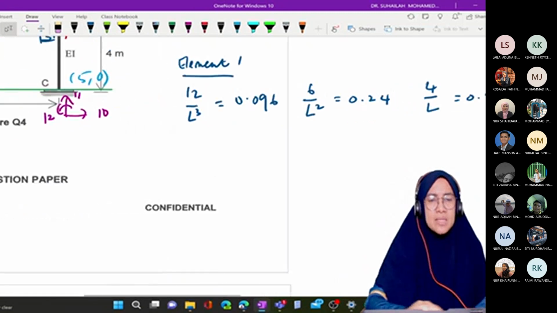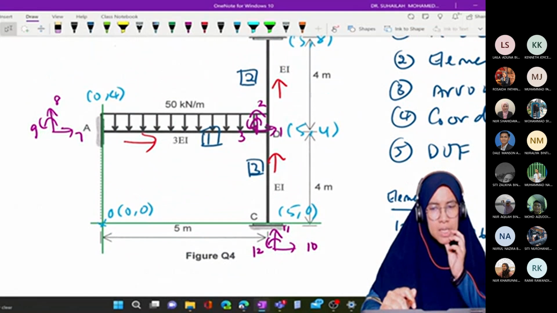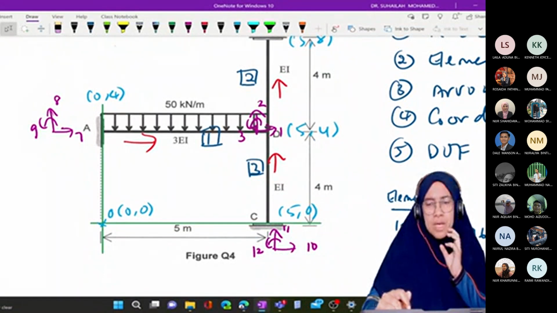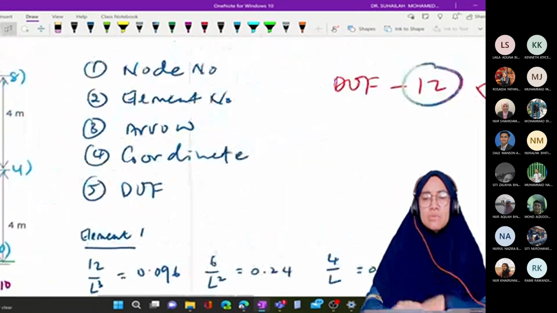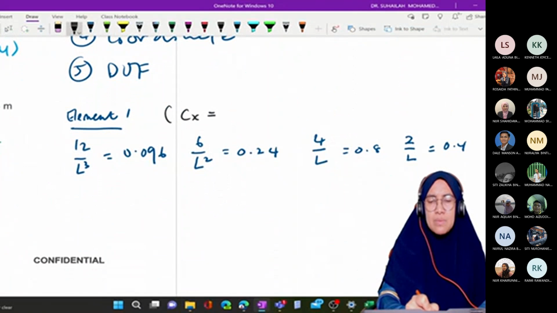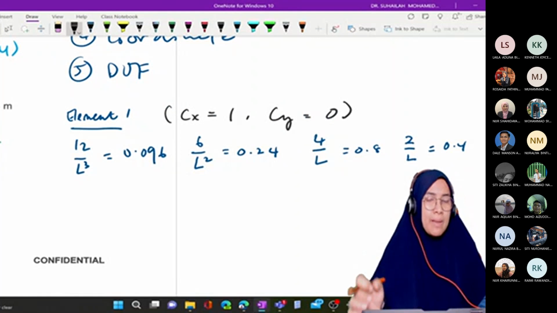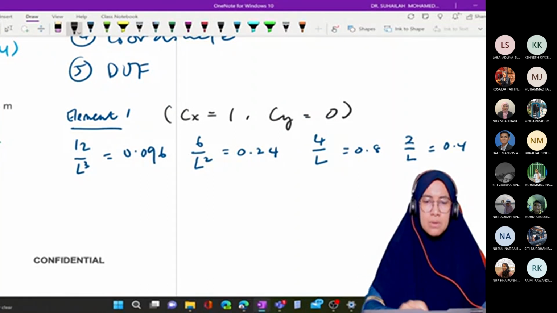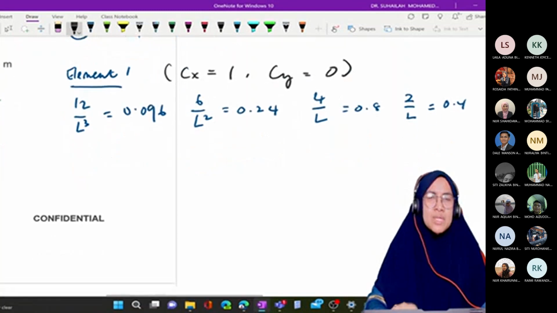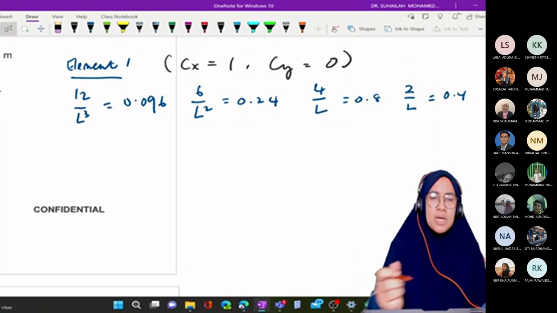Now Cx and Cy. It will be 5 minus 0 divided by 5, so Cx is 1 and Cy is 0 for element number 1, because it is a horizontal member. So we just need to substitute into the formula.